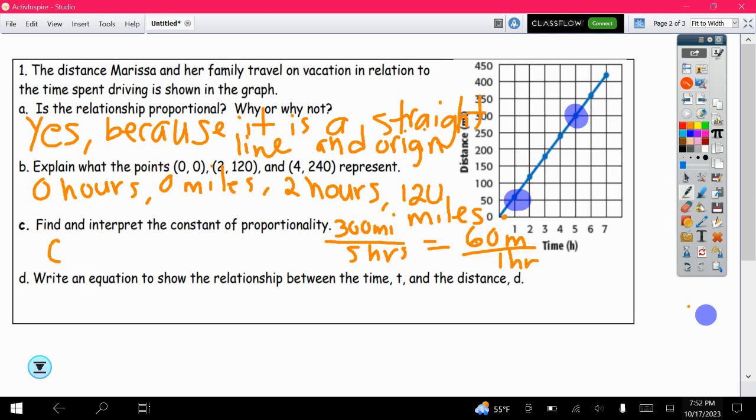So that means my constant of proportionality is equal to 60, because our constant of proportionality is simply that unit rate without those labels. So question D: write an equation to show the relationship between time t and distance d. We know our total distance is going to be equal to our constant of proportionality, 60, multiplied by our time. So we're going to write the equation d = 60t.